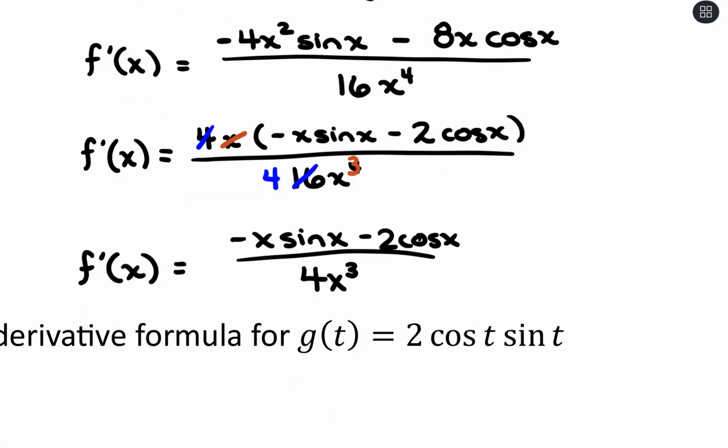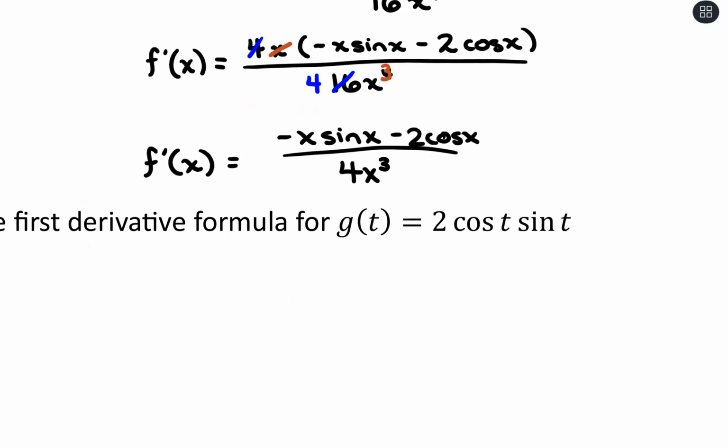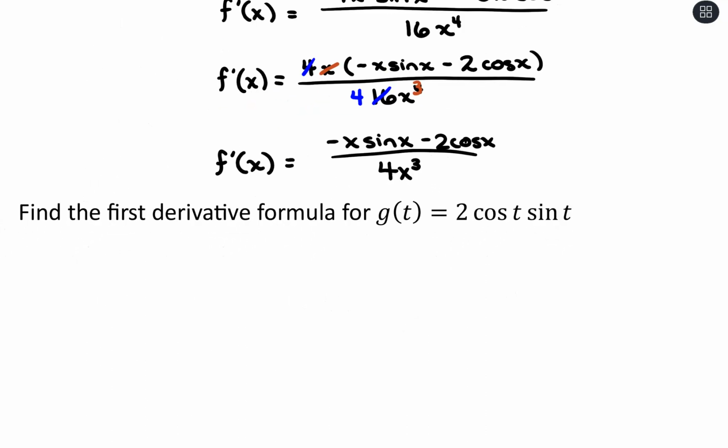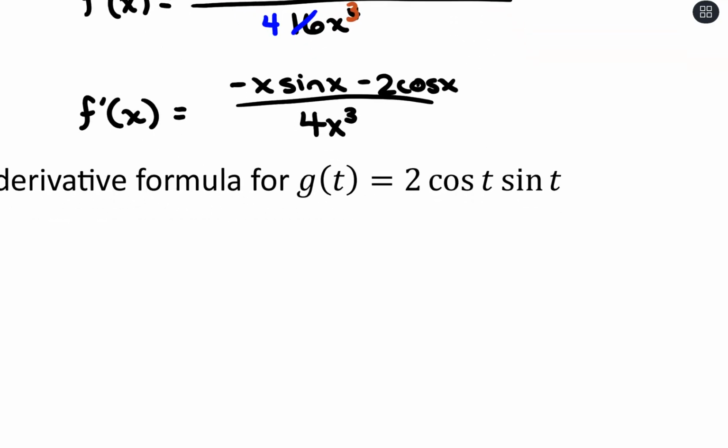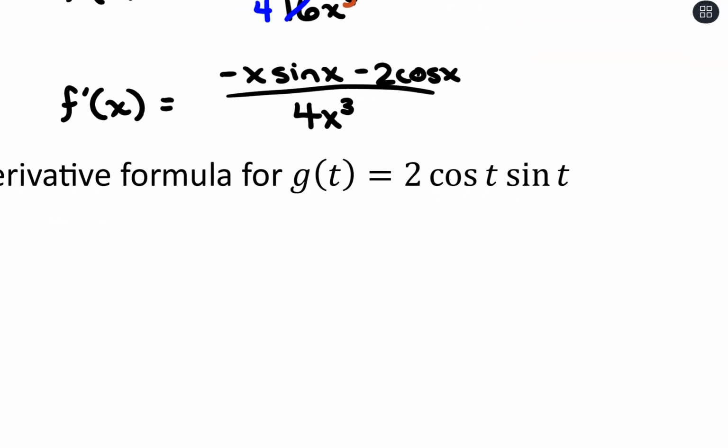All right, some more examples. So we have the derivative of 2 times cosine t times sine t. How about call this 2 cosine t times sine of t? And with that, I can see we're going to use our product rule.